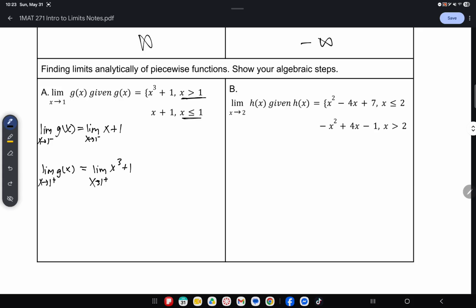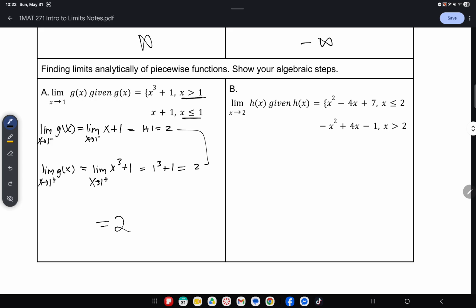So we can just do direct substitution. So plugging in 1, 1 plus 1 is 2. And then plugging in 1, 1 cubed is 1. 1 plus 1 is 2. These are the same, so the limit is 2.